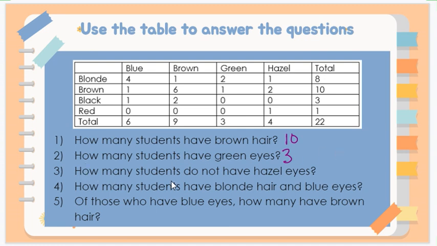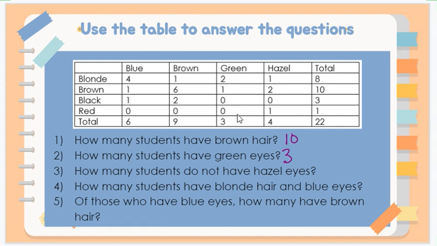All right, number 3, how many students do not have hazel eyes? For this one, I'm going to come over to the columns for eye color, and I see the total for hazel is 4. So 4 students have hazel eyes. How can I figure out how many students don't have hazel eyes?